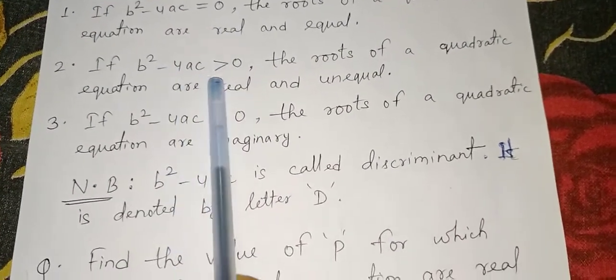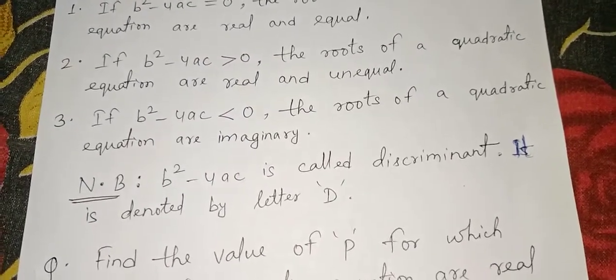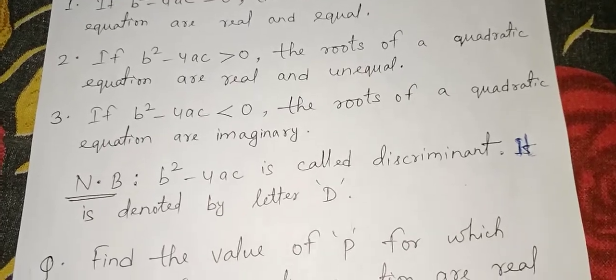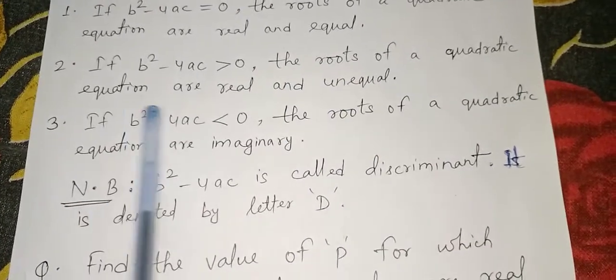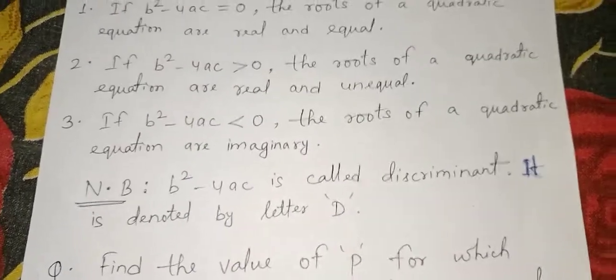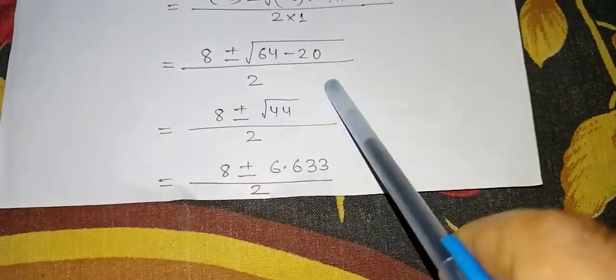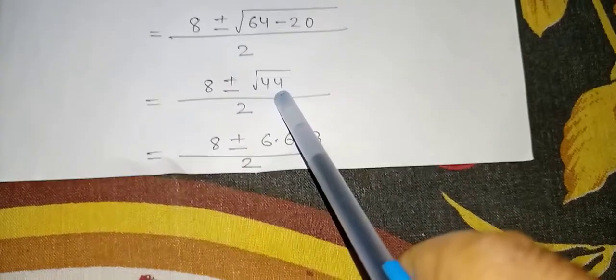And if b square minus 4ac is greater than 0 means 1, 2, 3, 4, 5, 6 like that to infinity, then in that case the roots of quadratic equation are real and unequal. So you can see this is example of greater than 0. Like you see here in the discriminant I got 44. 44 is greater than 0.